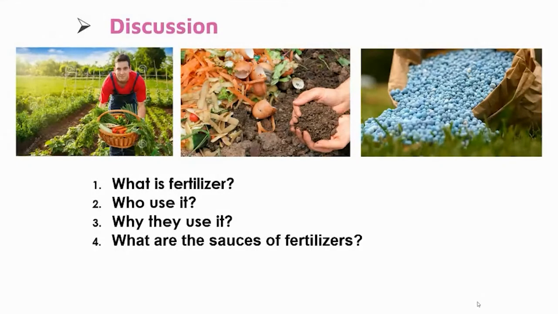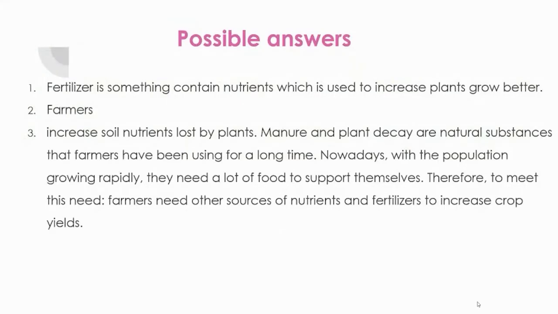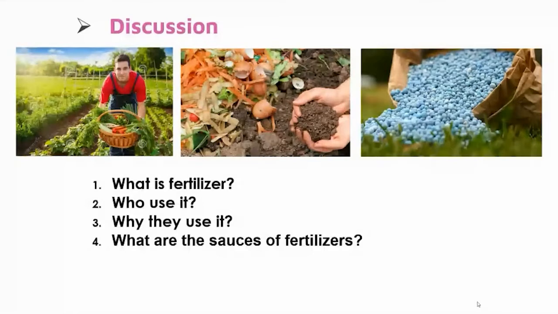As you can see in the first picture, it represents a farmer. In his hand, he holds different types of fruit and vegetables. If these vegetables and fruit grow naturally, maybe they don't grow well enough.